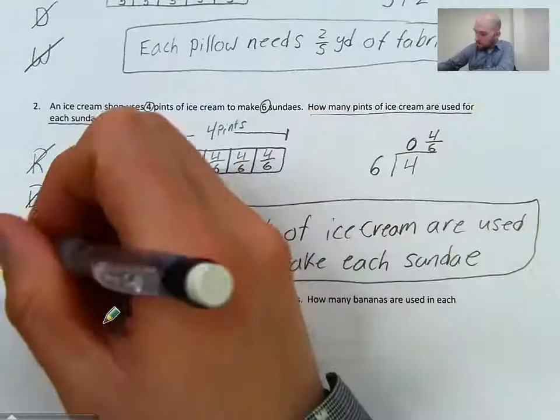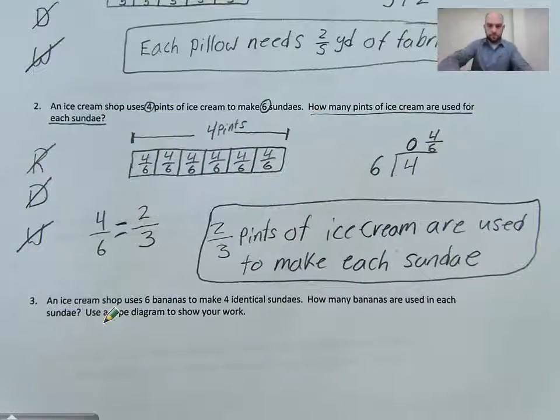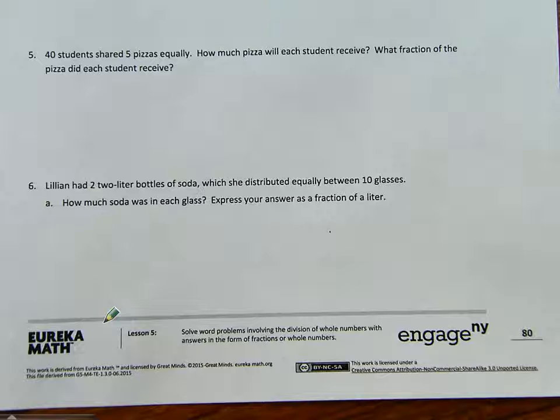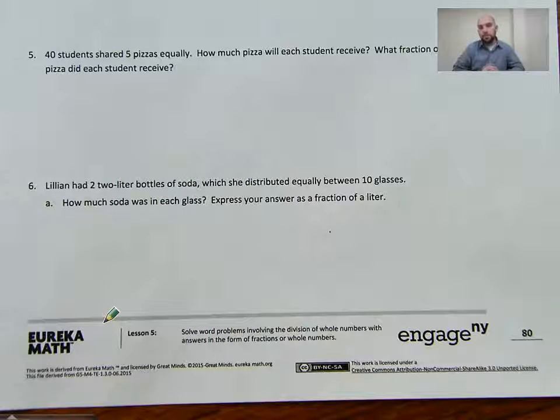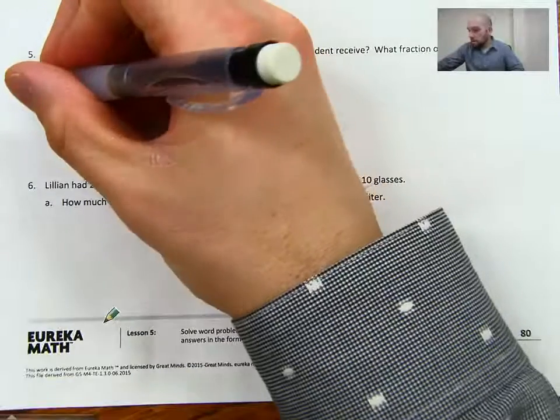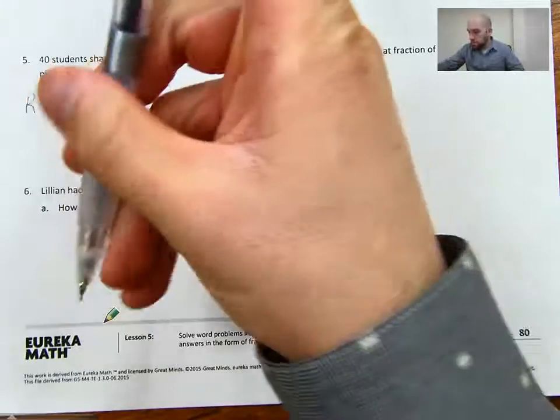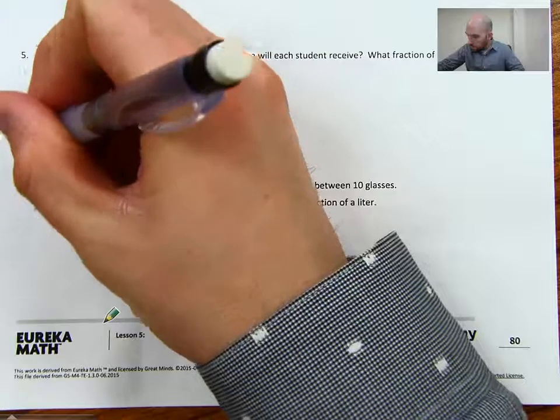There is my answer. Next, let's try this number 5 here. So we'll write R, D, W on the side.